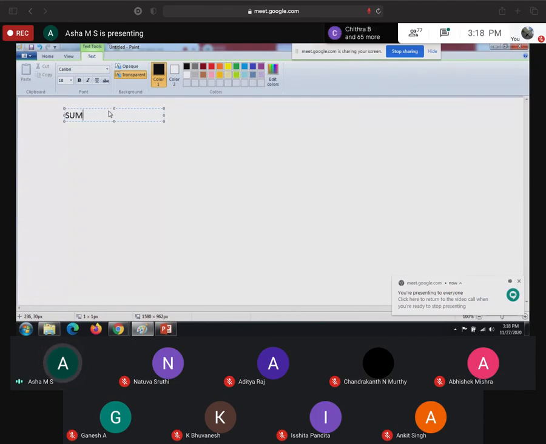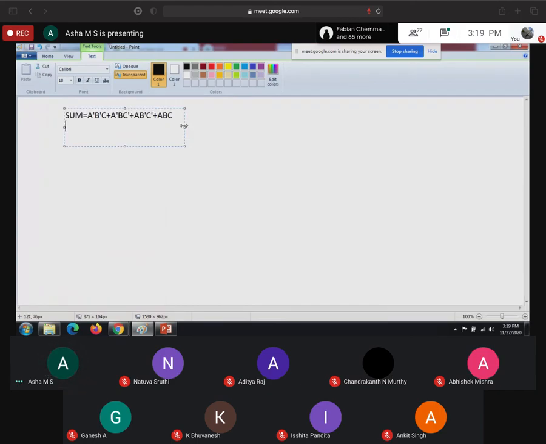Sum equals A bar B bar C plus A bar B C bar plus A B bar C bar plus ABC. So this is your sum.